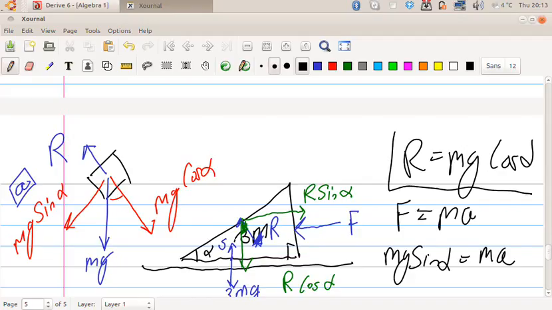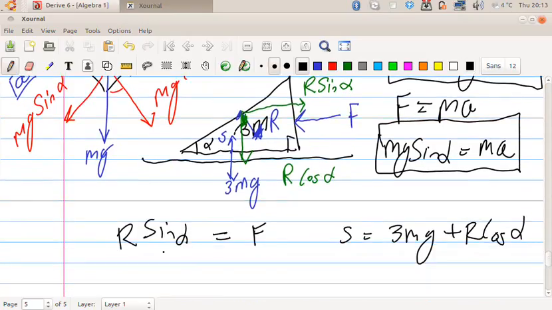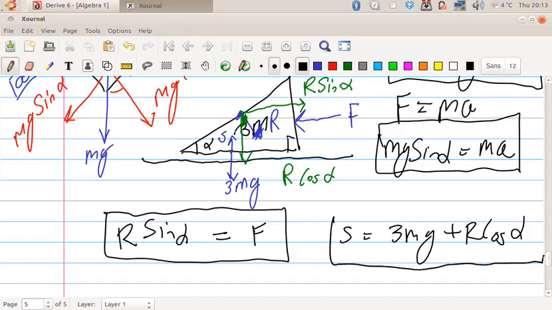So I've got 1, 2, and 3, and 4. Okay, and which one are we looking for? We are looking for the R, and the R in terms of alpha.